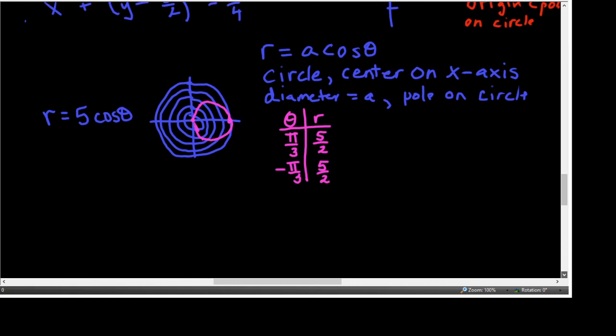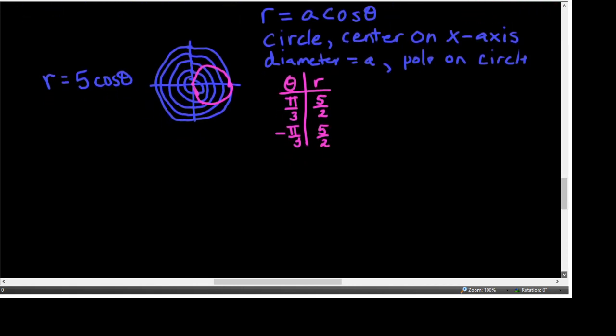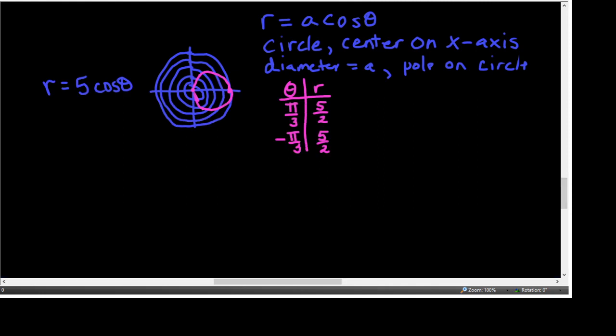Alrighty. The next one that we're going to encounter, example 3, part B, is converting from rectangular to polar. This is part B: x equals the opposite of y squared.